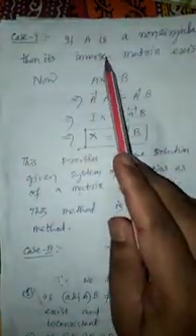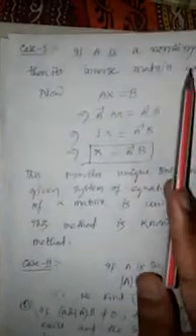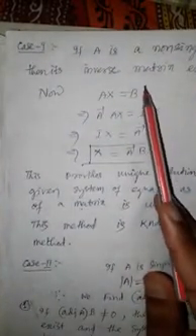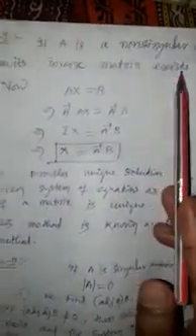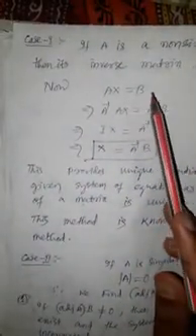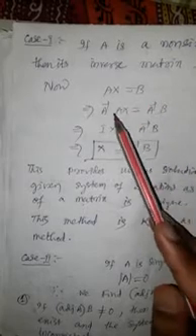Now case 1. If A is a non-singular matrix, meaning determinant of A is not equal to 0, then its inverse matrix exists. That means invertible. Now AX is equal to B. Then multiply both sides by A inverse.